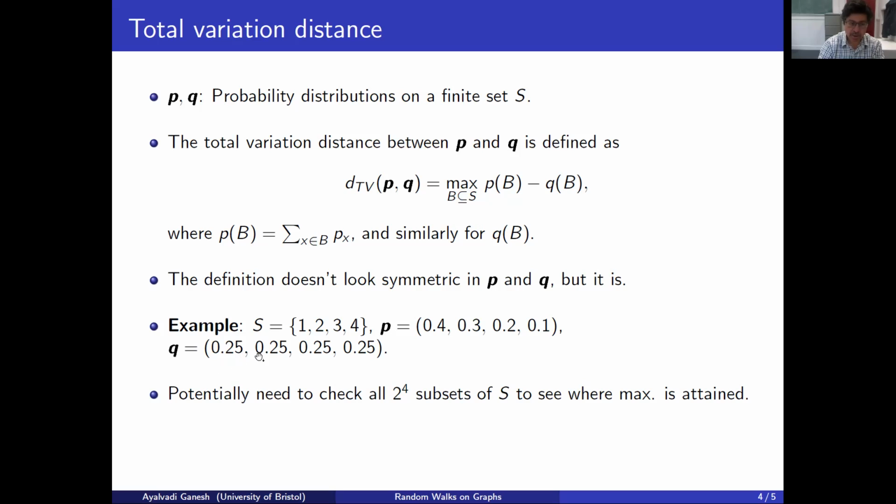So it makes sense to include the first element. Similarly, we can add the second element as well, and it increases by another 0.05. If we add the third element, that adds more to Q than to P, so it decreases this difference, so we don't want to add it, and so on. Thinking about it this way, hopefully you can convince yourselves that the maximum is attained by this set.